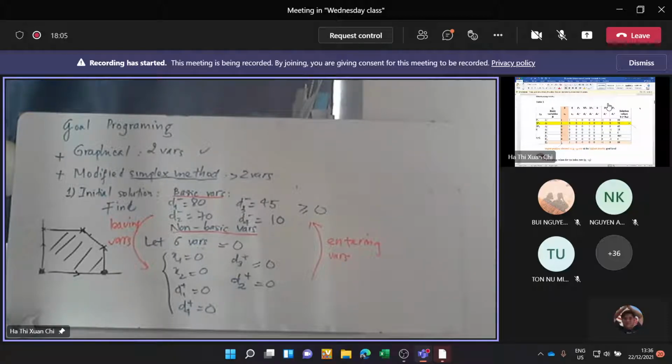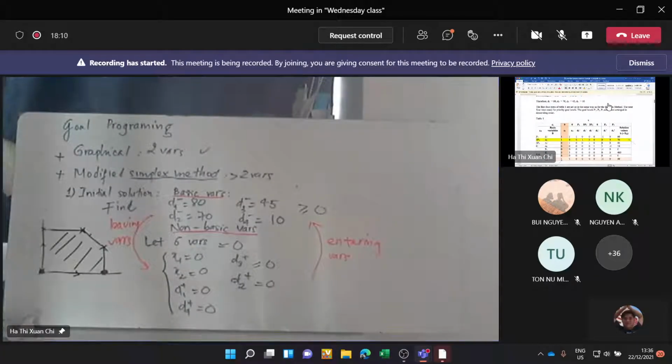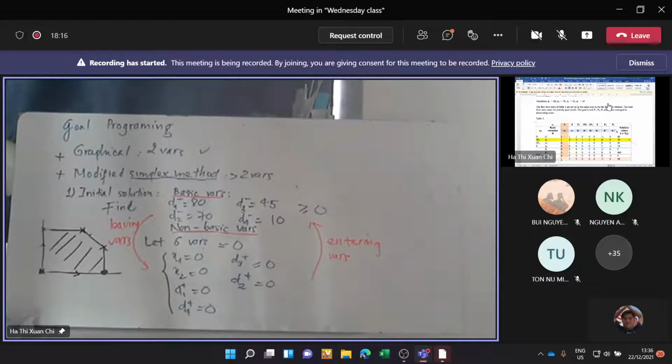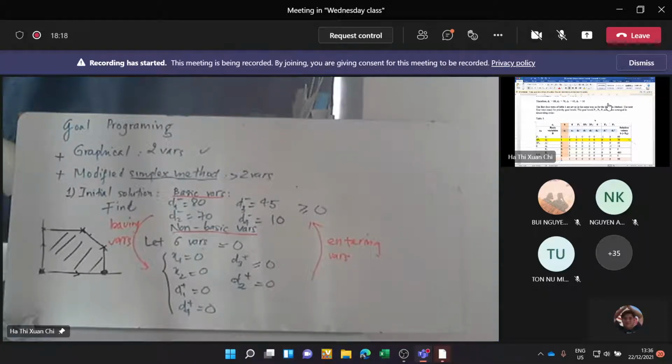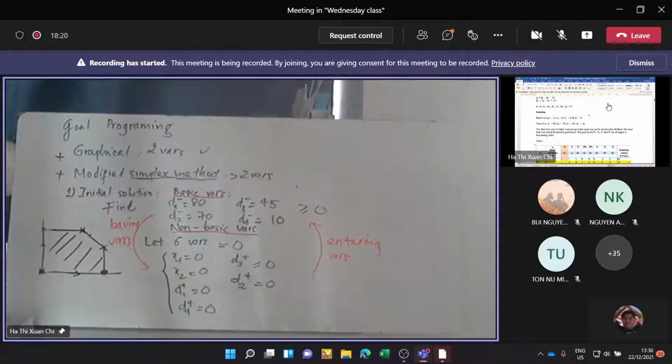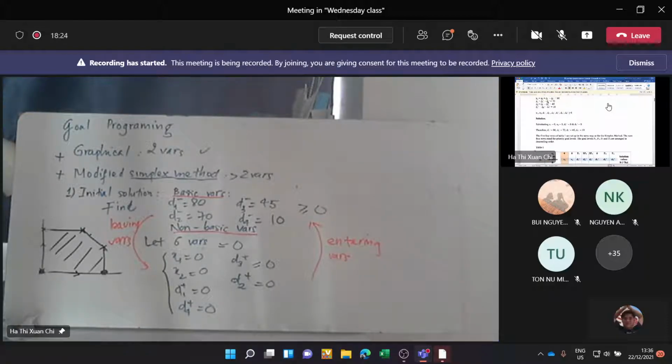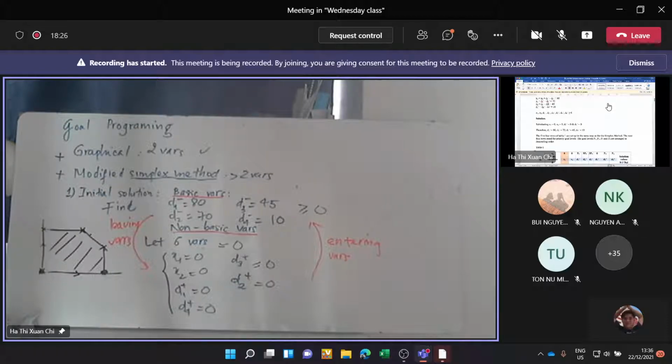So for goal programming, everyone, here I put the variables. Actually you can put 10, but because here D2 plus and D3 plus are equal to 0, they cannot improve, so I don't put them here.